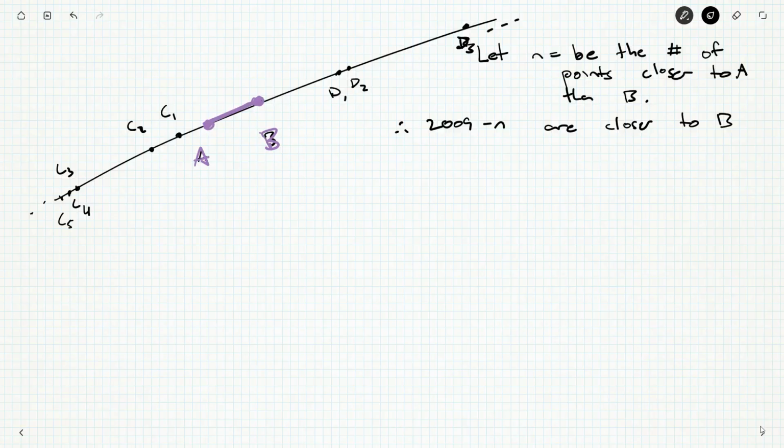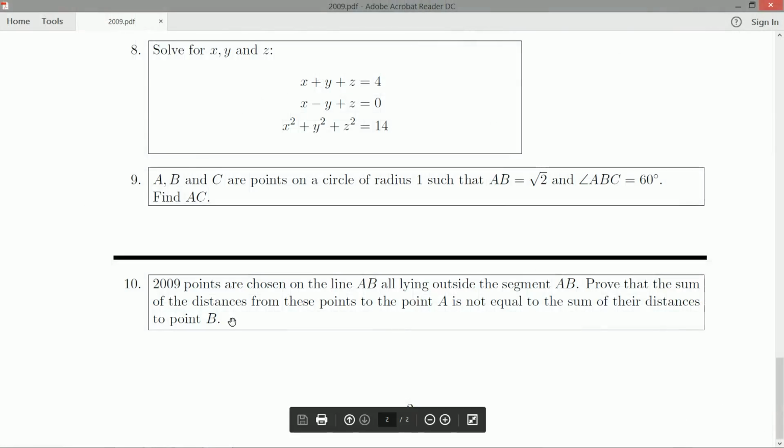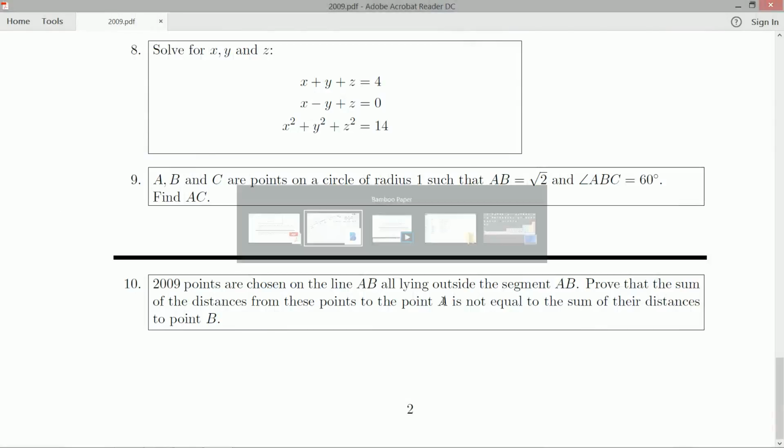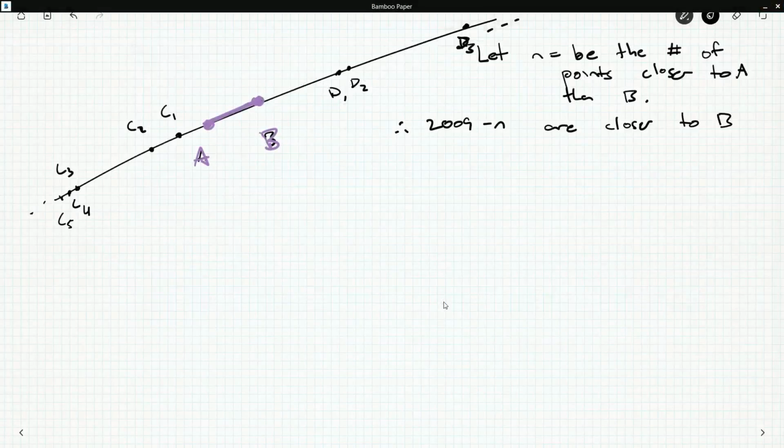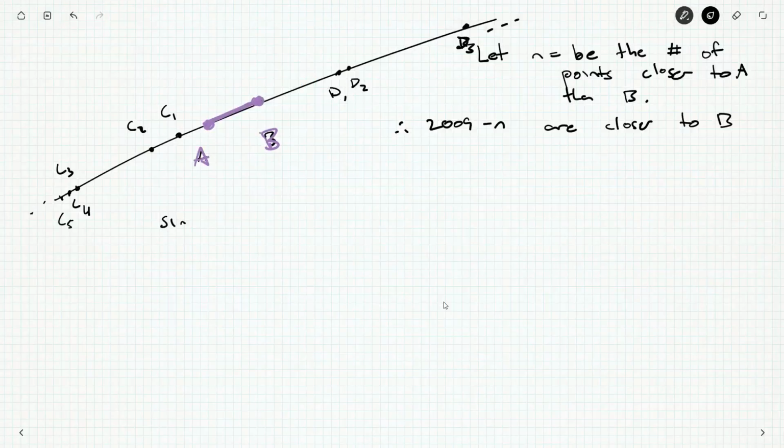But now that they all have names, we can talk about the sum. And what exactly was it they wanted? The sum of the distances from these points to the point A is not equal to the sum of their distances to B, and it's all the points, so not just the C's to A and the D's to B. So the sum of the distances to A is AC1 plus AC2 plus all the way up to ACN.